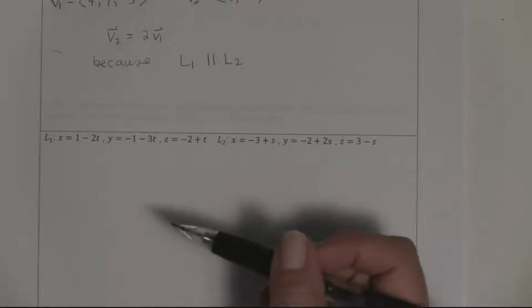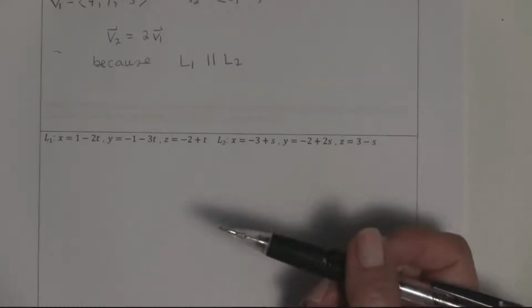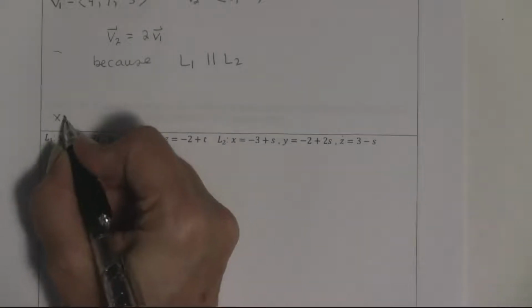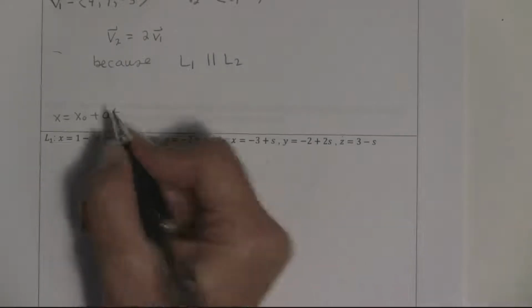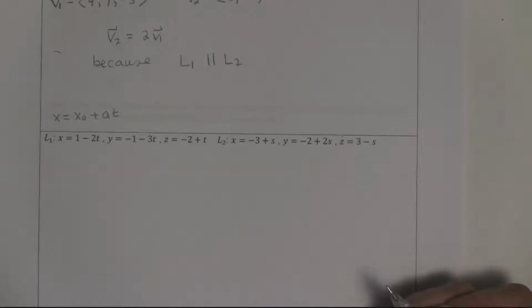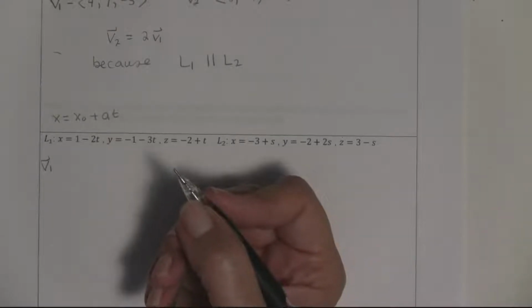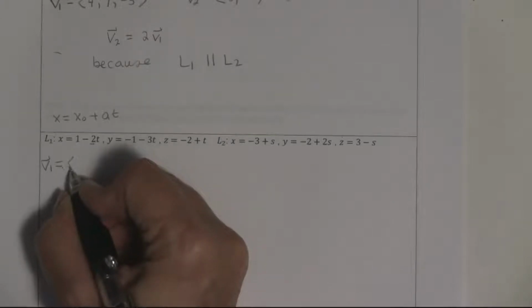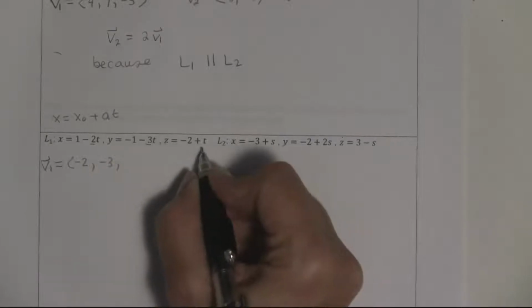So the first thing I want to do is identify my direction vectors, just like I did on the last one. Now, remember, when they're in this form, it's x equals x naught plus at, and so the direction vector is the coefficient of t. So my vector 1, just using the coefficient of t, is negative 2, negative 3, and 1.